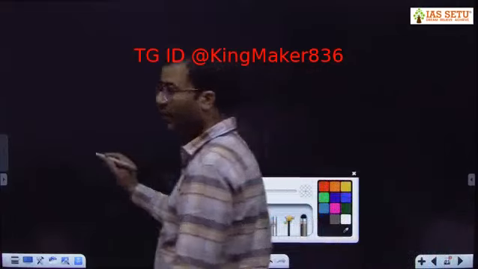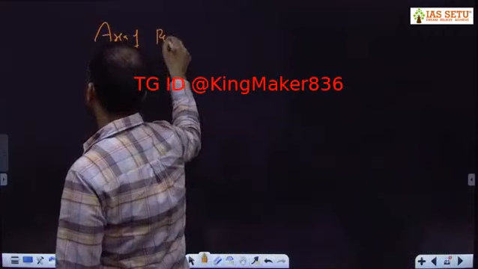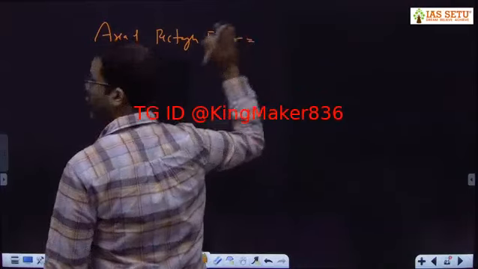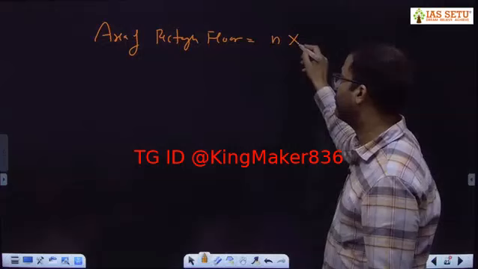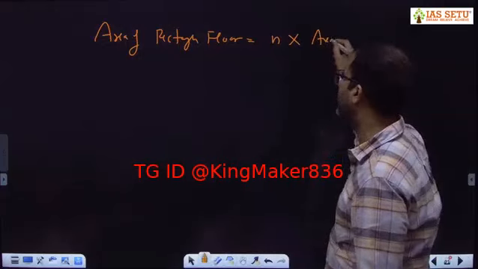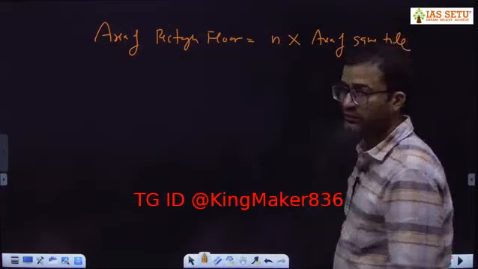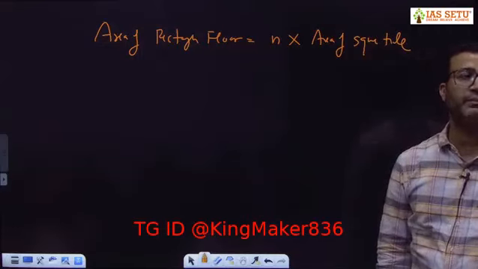See, for number of tile we have a formula. Area of a rectangular floor should be equal to the total area of all the tiles. Area should match. The area of rectangular floor is equal to number of tile into area of square tile. If you are using 4 tile, 1 tile का area निकाल के multiply with 4.